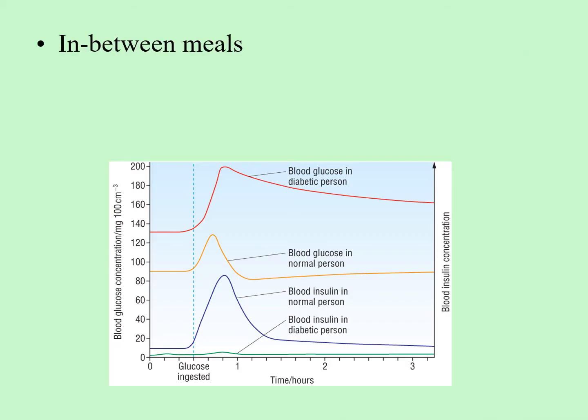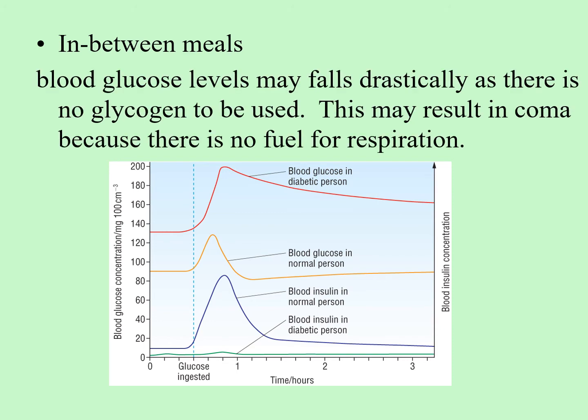So here you can see a graph that shows the blood glucose levels in between meals of someone who's diabetic and someone who's not diabetic. If we look at the yellow line first, you've got someone who is normal, a non-diabetic person, and their blood sugar levels after the meal go up, but then they go back down because insulin is released, and the blue line shows when the insulin is released.